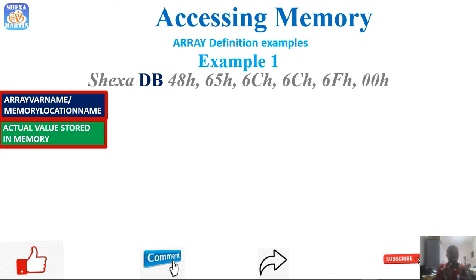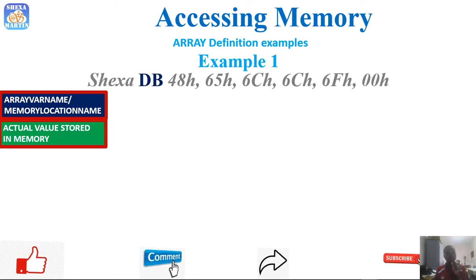Since an array is a series of variables, Shexa is the first memory location, or the first variable, and then Shexa square brackets 0 is also the first. So Shexa and Shexa index 0 reside at the same memory location, right?